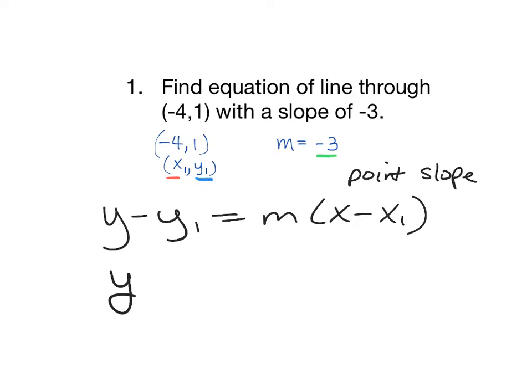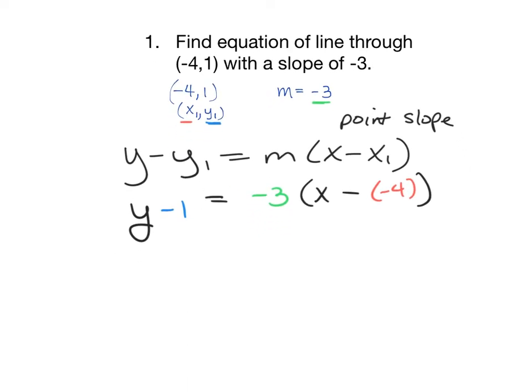My y1 is 1, so I'm going to put in -1. My slope is -3. The x stays, and then I'm going to put in x1, which is -4. Now notice this part over here, this negative, we're going to simplify to an x plus 4.